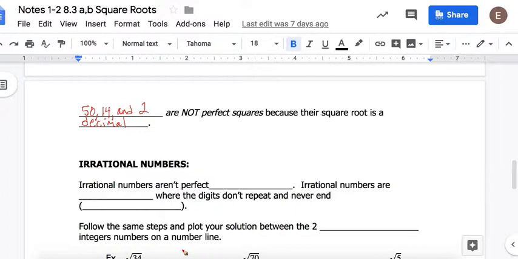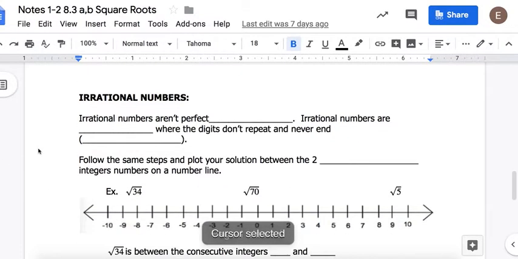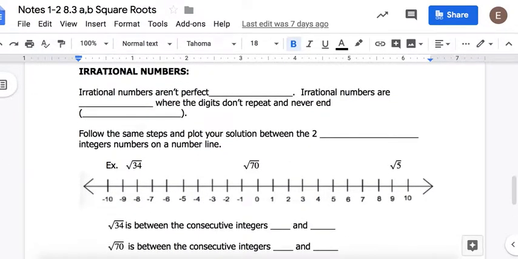Okay, now we're going to be looking at irrational numbers, and I mentioned this below. When the square root wasn't a perfect square, then we would call that irrational numbers. So now we're going to define that a little bit more clearly. So irrational numbers aren't perfect squares.